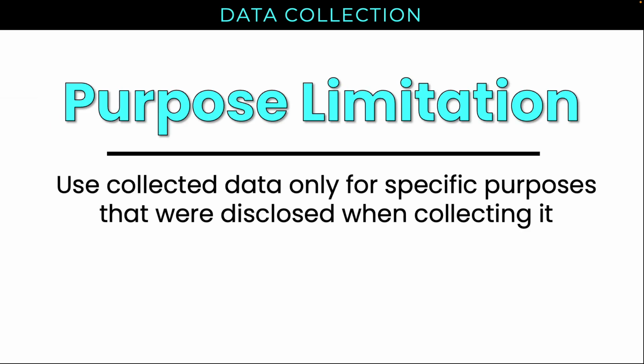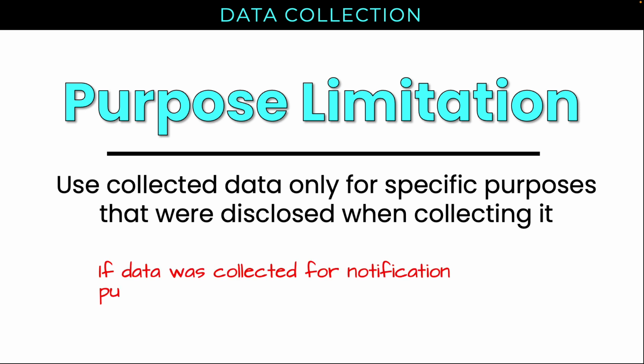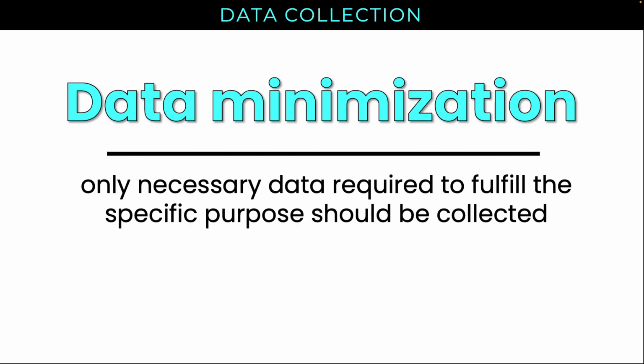So let's talk about data collection. So there's purpose limitation, which means we use data that we collect only for the specific purposes that were disclosed when we collected it. For example, if data was collected for notification purposes, don't later use it for marketing just because you want to. And then there's data minimization.